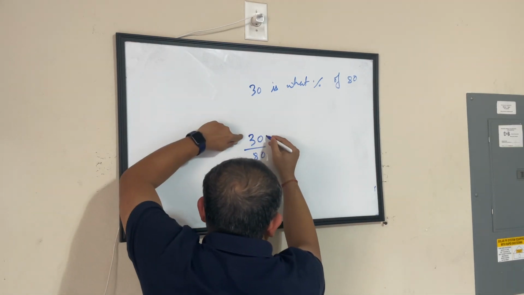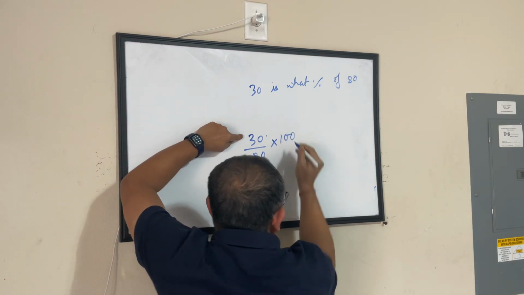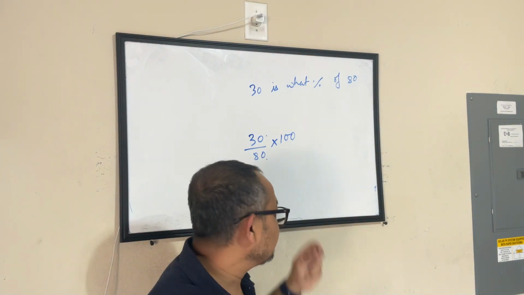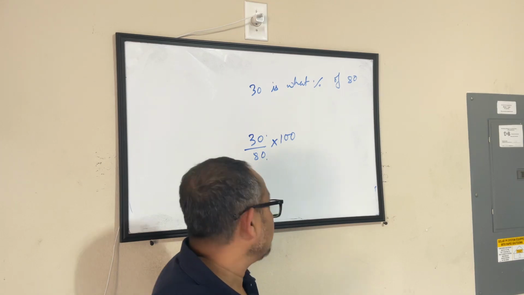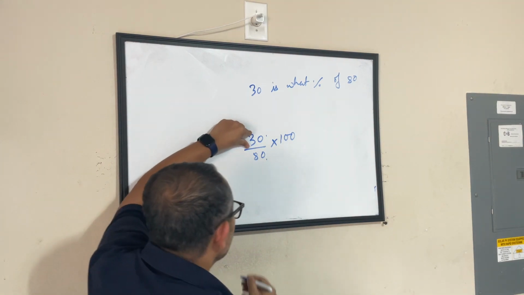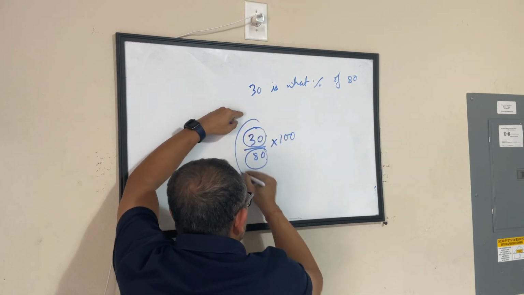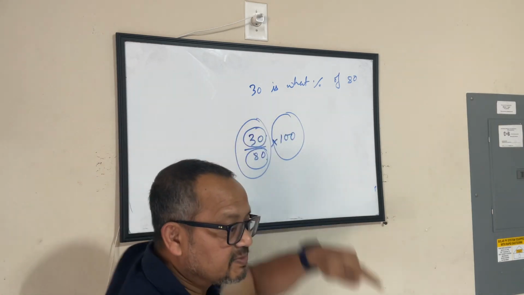You are comparing 30 against 80 and thinking what percentage. Since you are talking about percentage, meaning per 100, you will multiply that by 100. And that gives you the answer that you are looking for. So for any number, if you have to find out what percentage it is of another number, think of this as a ratio, and since you are talking about percent, for every 100, you just multiply that by 100.